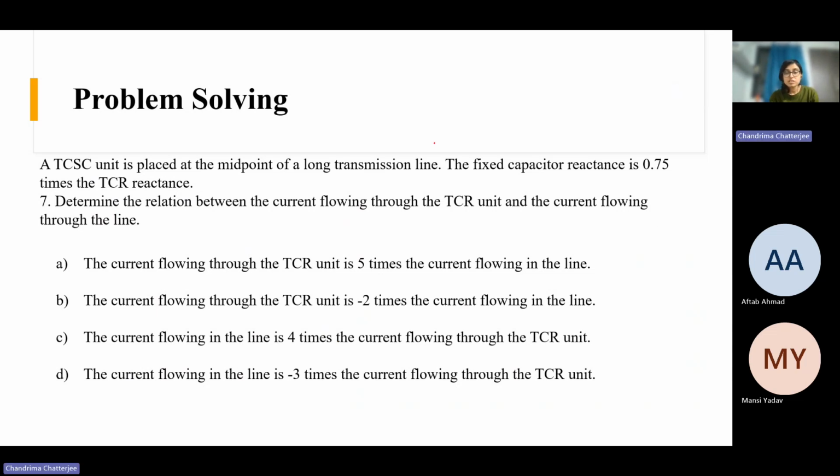A similar question is here, but for the opposite case. In this case, the fixed capacitor reactance XC is 0.75 times the TCR reactance. Here, XC is lower than XTCR.